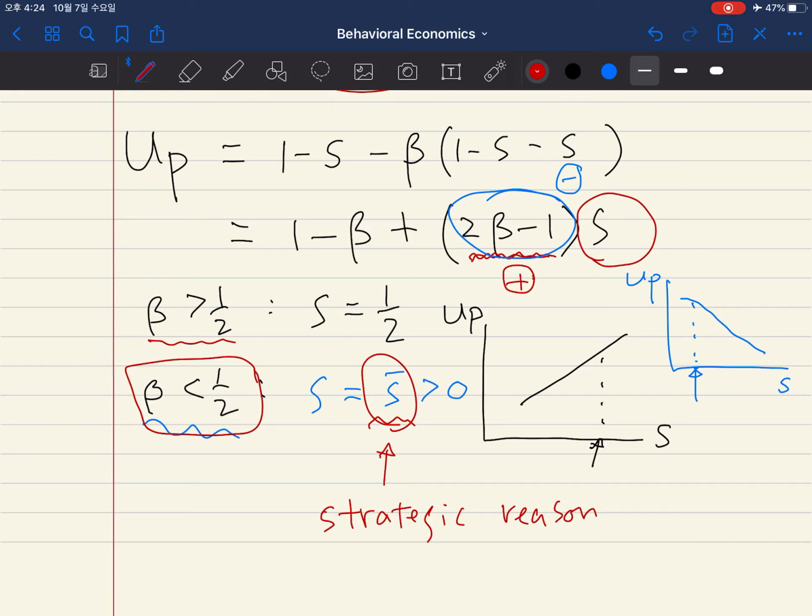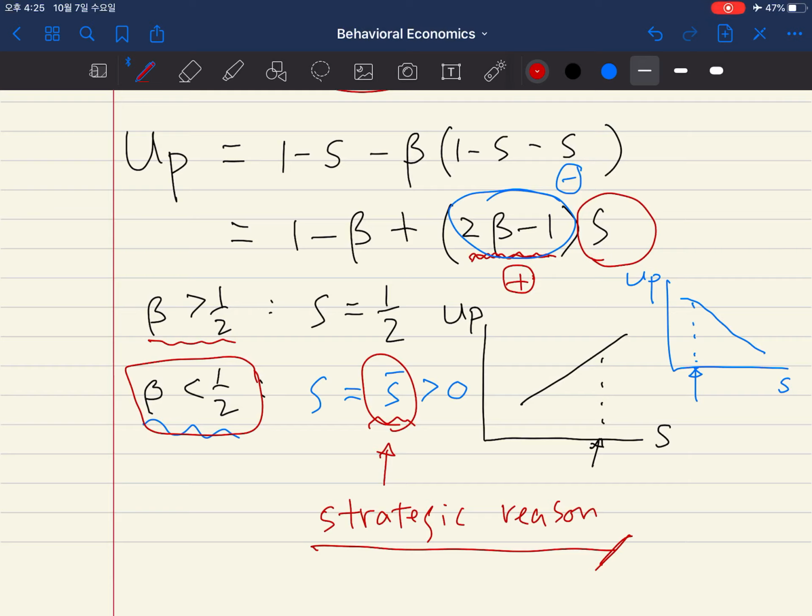So we can see that in this ultimatum game, in our experimental findings, proposers quite often offer a positive amount, but maybe it doesn't really mean that proposers are the type of person who care about others, because it is possible that proposers offer a positive amount because of strategic reason. So proposer is afraid of rejection from responder.